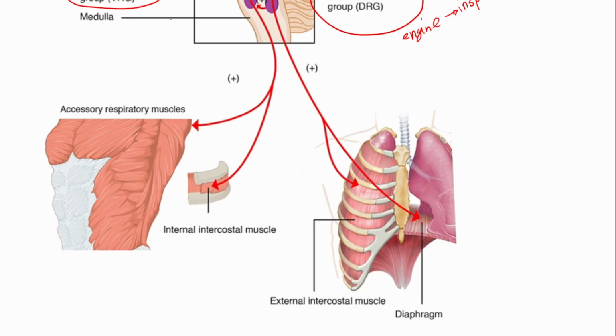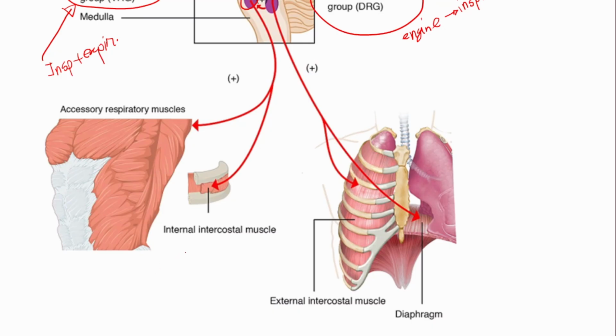In contrast, the ventral respiratory group, or VRG, is located in the ventrolateral medulla within the nucleus ambiguus and nucleus retroambiguus. The VRG contains a dual population of both inspiratory and expiratory neurons. During normal, quiet eupneic breathing, expiration is a purely passive process driven by the elastic recoil of the lungs, meaning the VRG is mostly quiescent.